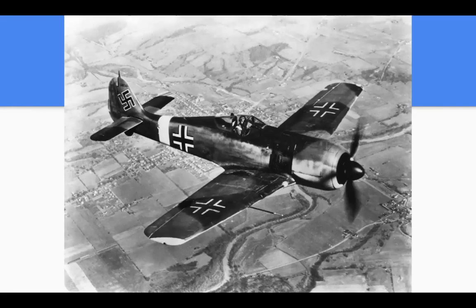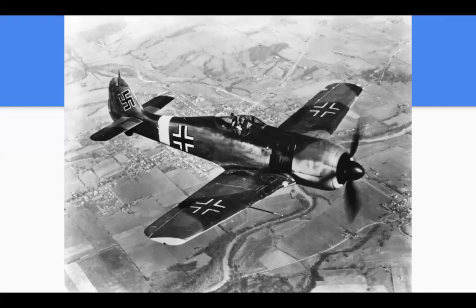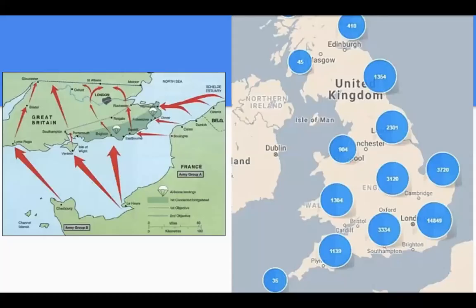There's a German plane, as you can tell by the Nazi symbol. There's the RAF plane. A little similar but different. This is, in theory, Operation Sea Lion. In theory. But when you attack Germany and Berlin, well, all these numbers are numbers of bombs over these cities.